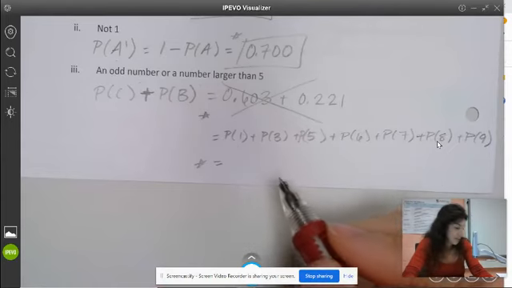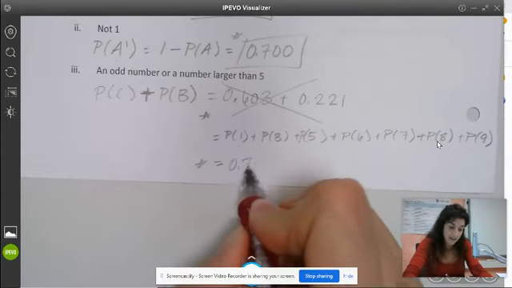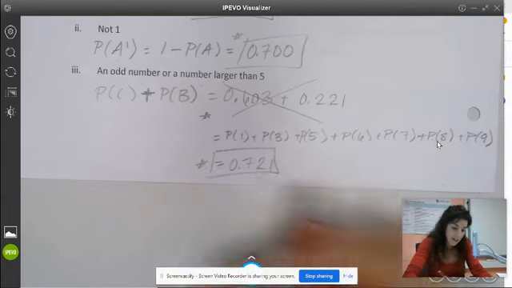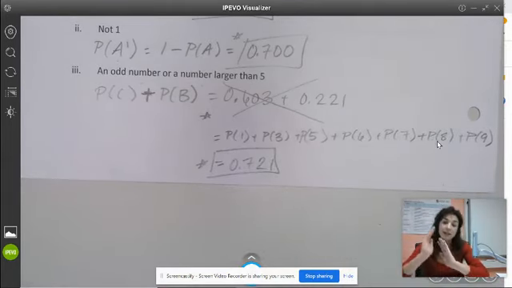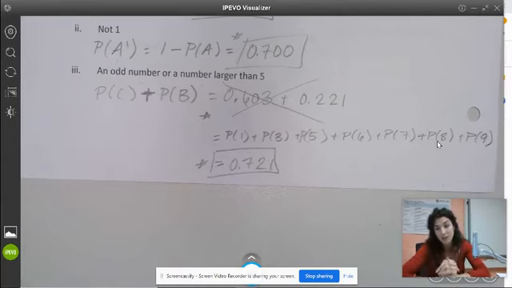Adding all of those up, we should get 0.721. So just be very aware that if you have any events that overlap, that have things that occur in both of them, you can't just add their probabilities together. It gets a little tricky, and we'll talk about it in future lessons. Good job today.